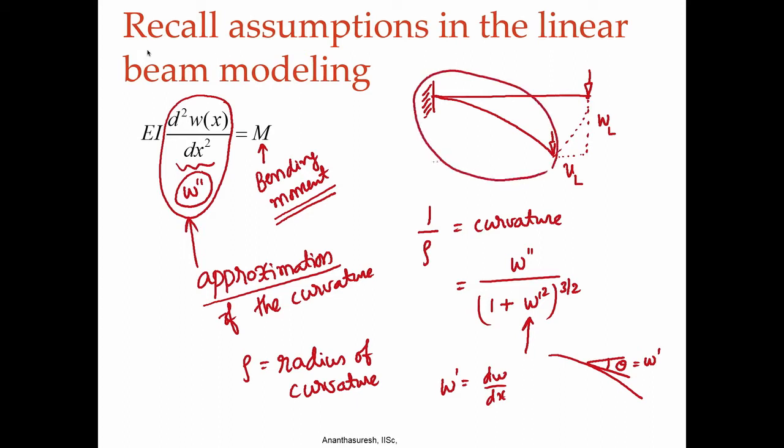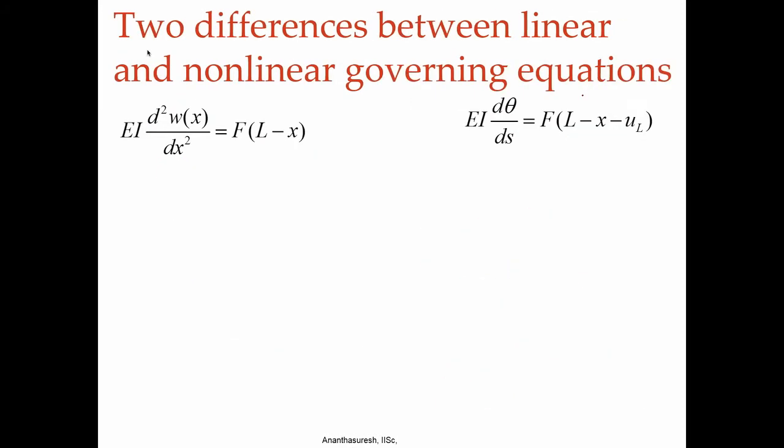And you have to write the bending moment in this deformed configuration rather than the original configuration. That is the difference. The assumption that we make in the linear analysis is that equilibrium written in the original configuration is good enough, but that is not good enough in the case of nonlinear.